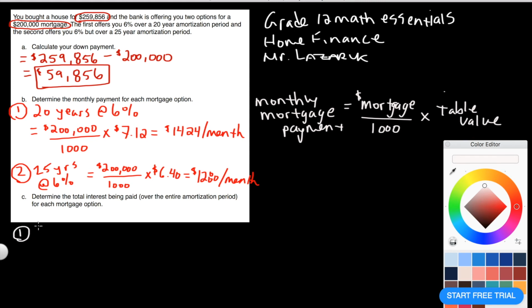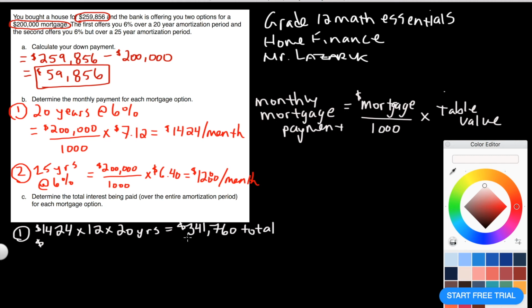For option one, I'm paying $1,424 per month, 12 months a year, for 20 years, and I get $341,760. That's the total amount of money that I'm spending over the course of 20 years. Now, if you're like, well, Mr. Lazarick, this amount is significantly higher than the amount that I initially borrowed.